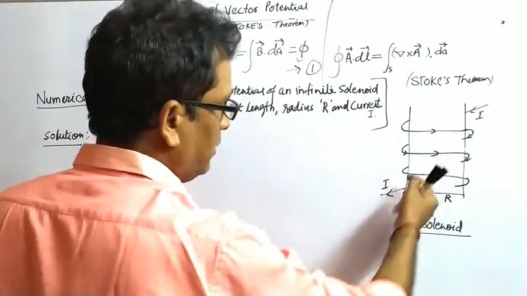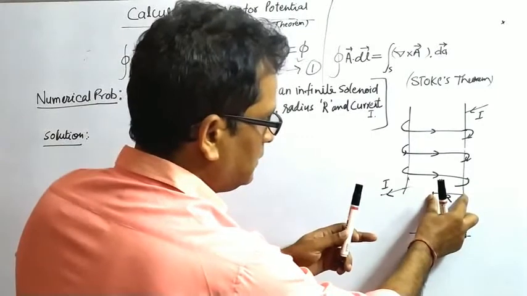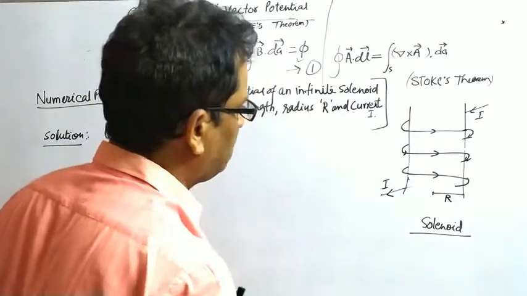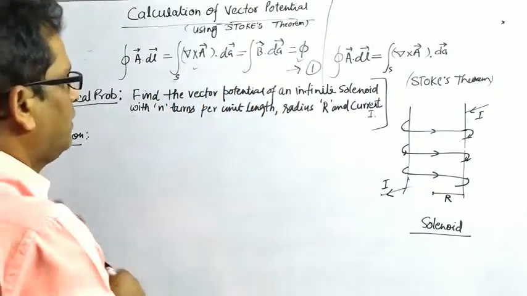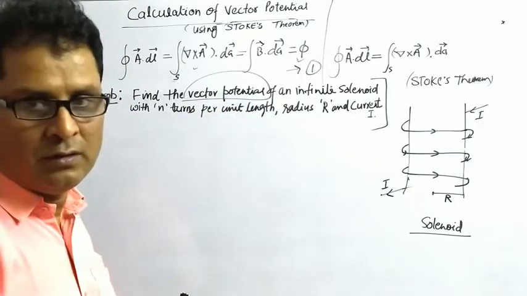This is the entry point and this is the exit point of the current. This is the radius of the solenoid. So we have to find the magnetic vector potential for this solenoid.